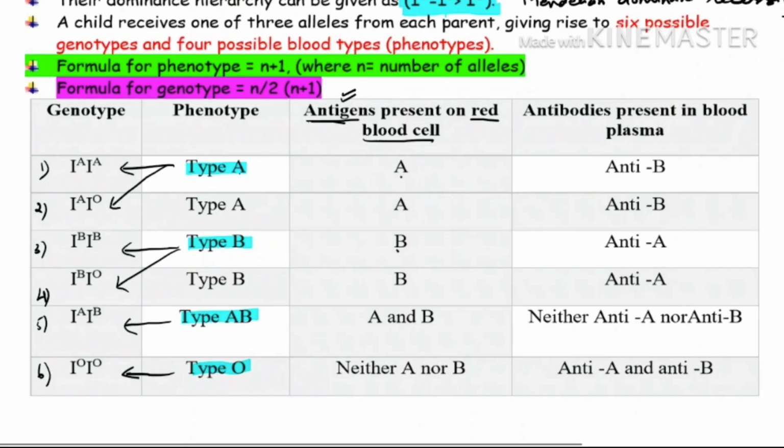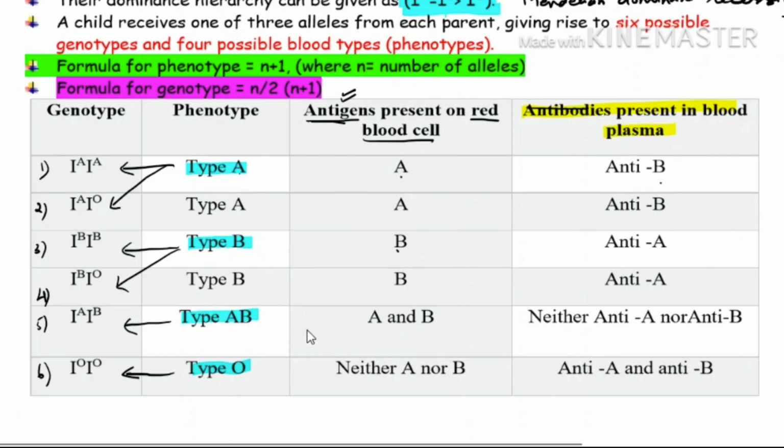Antibodies are always present in the plasma and they are always opposite to the antigen. If the blood group has got antigen A, then antibodies will be B. If blood group is B, antibodies will be A. If blood group has got both antigens, no antibodies will be there.